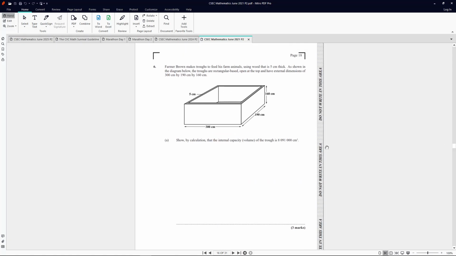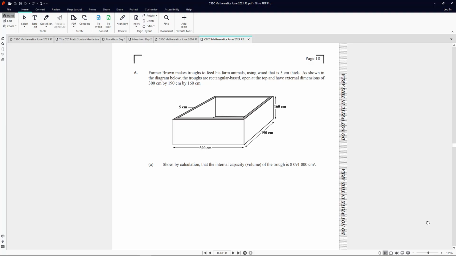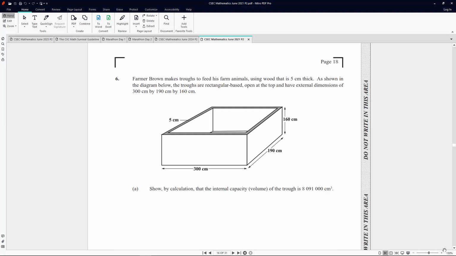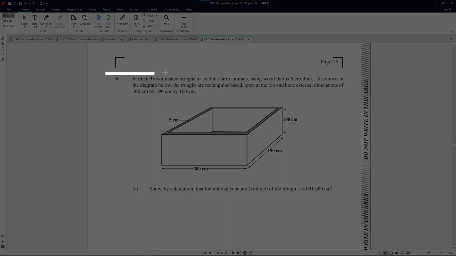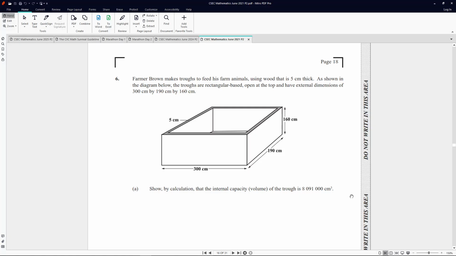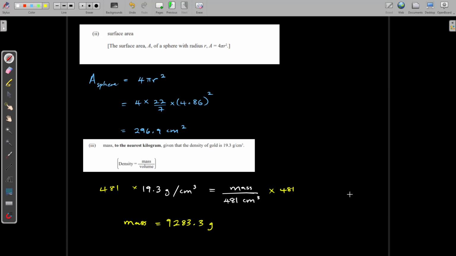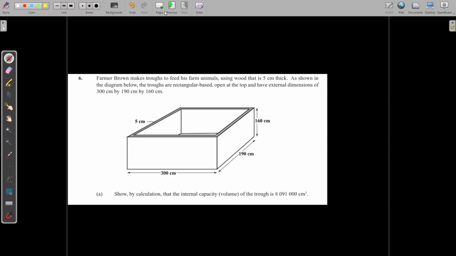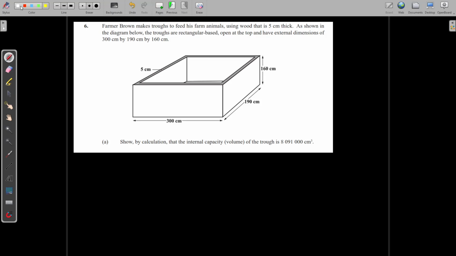Kai, why you pick this one? It's a good thing. Why did Kai pick this one?